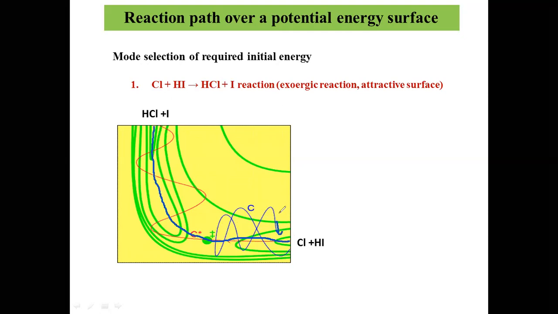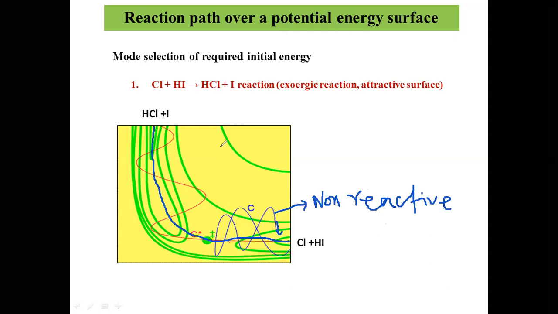So therefore, this is a non-reactive trajectory. You understand this is the non-reactive trajectory, and the red one is the reactive one.